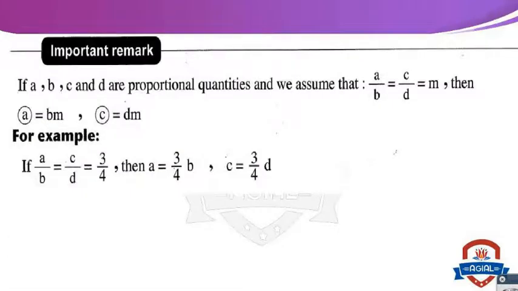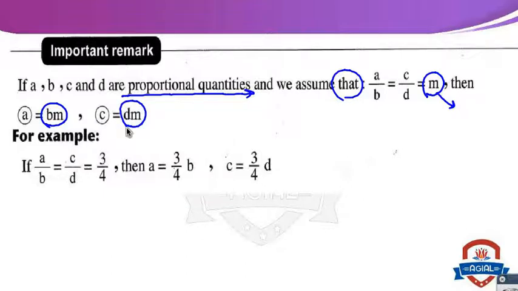Important remark, very, very important. If A, B, C, and D are proportional quantities, and we assume that A over B equals C over D equals M, M is constant, then A equals BM and C equals DM.